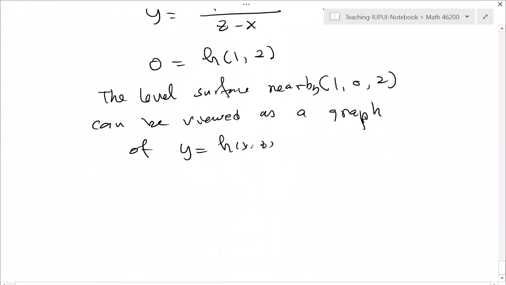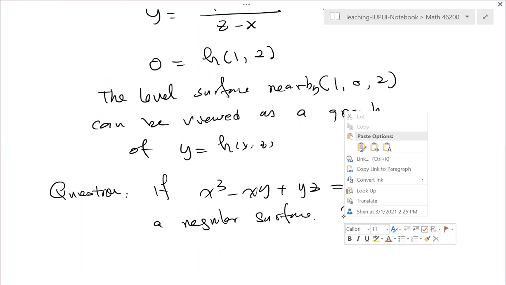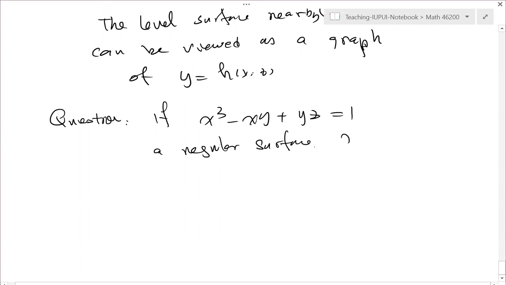My question is: is this level surface a regular surface? That means you have to show that if x, y, z satisfies this equation, the gradient is not going to be 0.